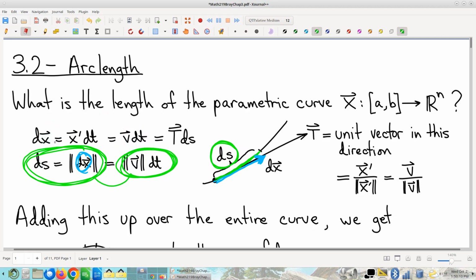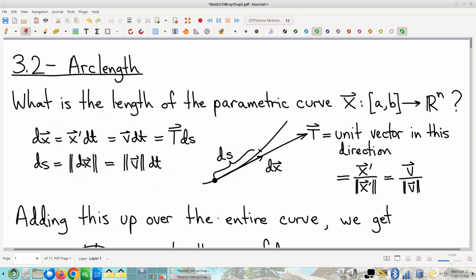Okay. All right. Next thing we want to talk about. When you have a parametric curve, and we're moving with some velocity, we can ask a perfectly reasonable question, which is: what direction are we going? And very often we represent directions by way of a unit vector.